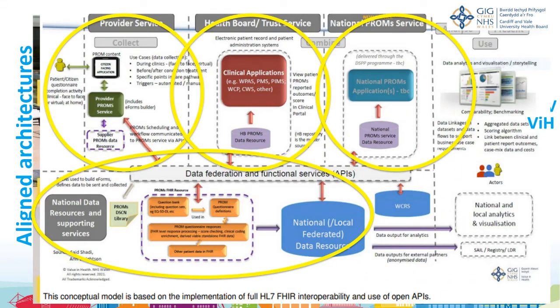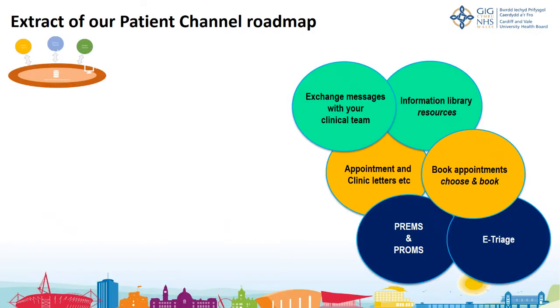You've got clinicians and analysts also part of this picture, which is exactly what we have in our local architecture plans. We've worked really closely with both Saeed and Stephen to make sure that we can effectively deliver on our ambitions in our digital strategy, and we talk and co-produce regularly so that whatever we're doing locally and whatever is happening nationally is aligned, because as I said earlier on, we've all got the patient at the heart of what we do. If we can click again, please.